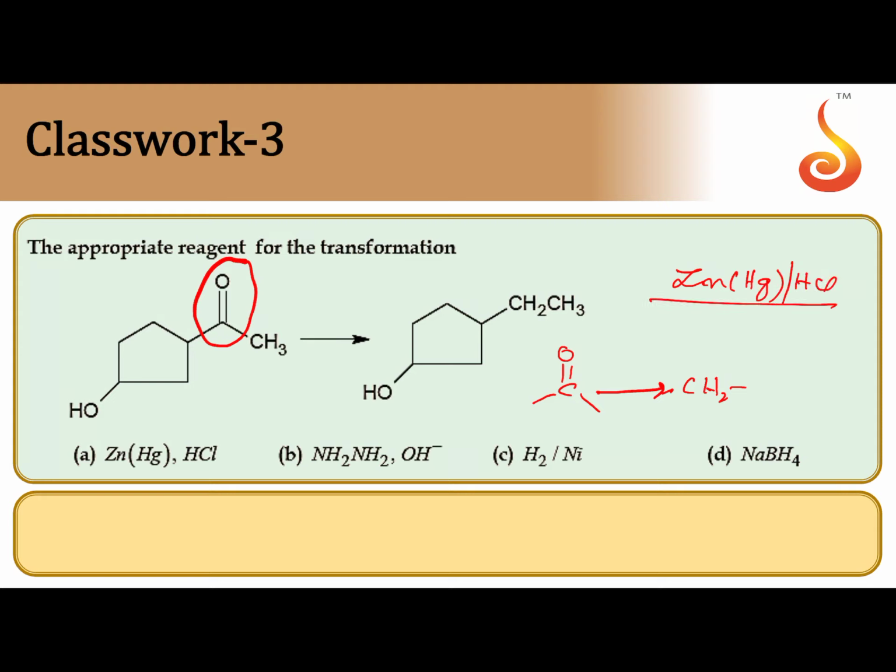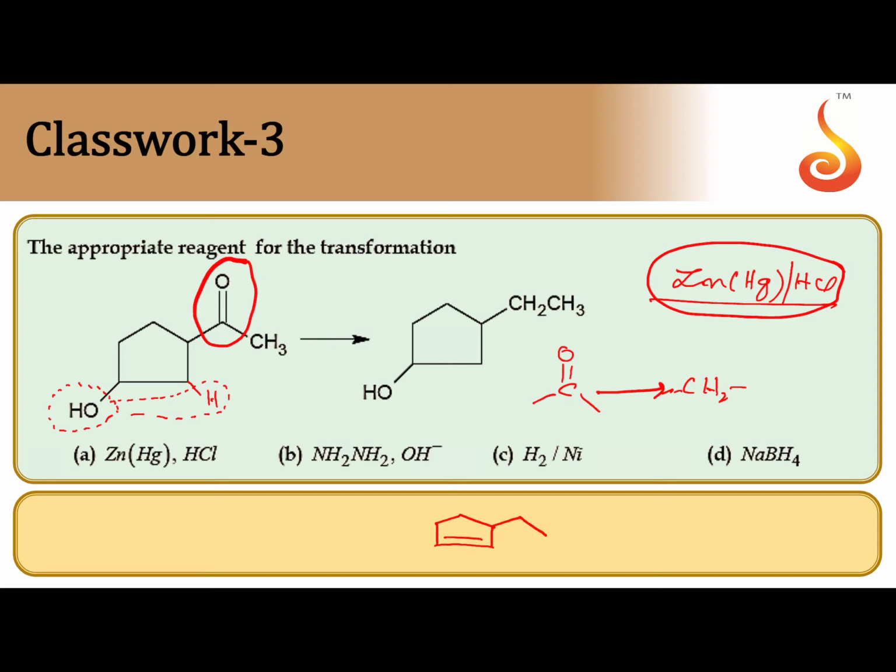These are acidic conditions. During this reduction CO becomes CH2. At the same time, alcohol is an acid sensitive group; in the presence of acid, alcohol undergoes dehydration. That's why when zinc amalgam and HCl is used, along with the reduction of the CO group, dehydration also takes place.